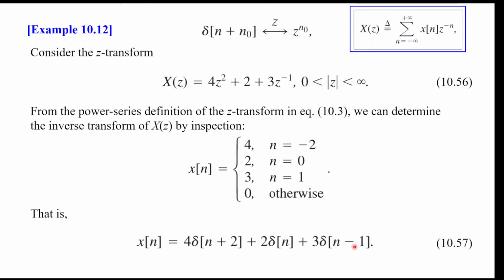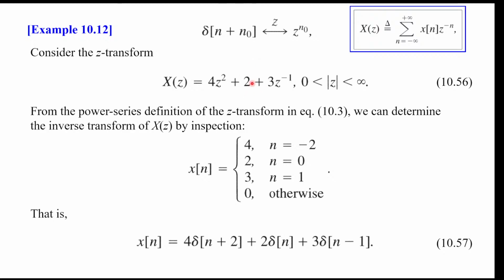And another way to see this is we note that there is a z transform between z to the n0 and delta of n plus n0. So every z to n0 you just transform to delta of n plus n0. So you see that you have z to the 2 here, the inverse z transform to delta of n plus 2.